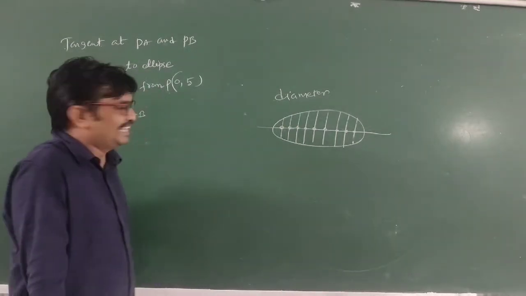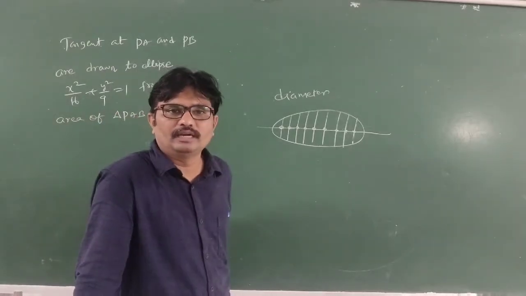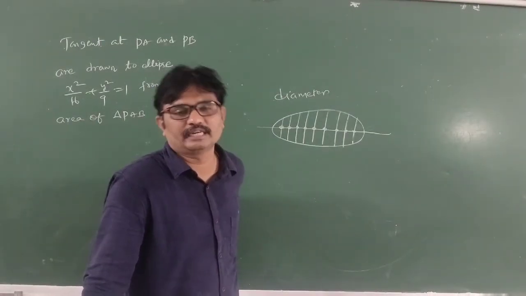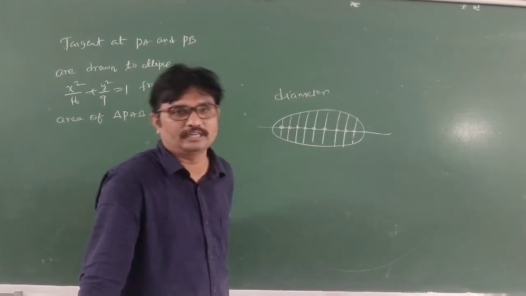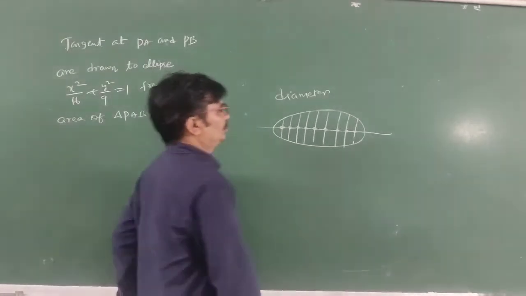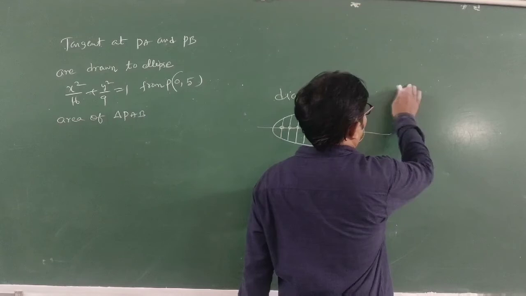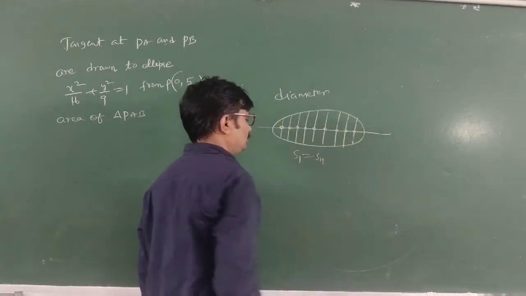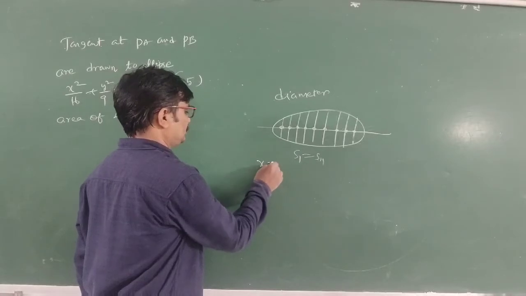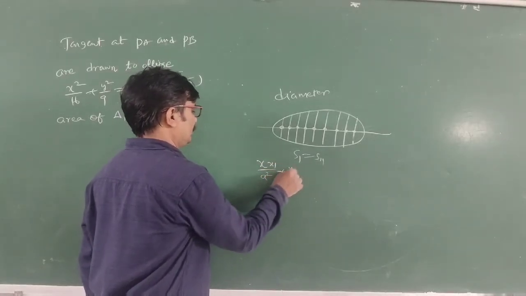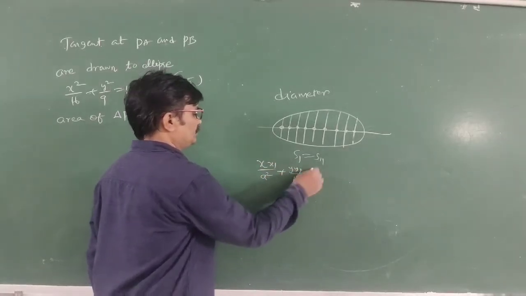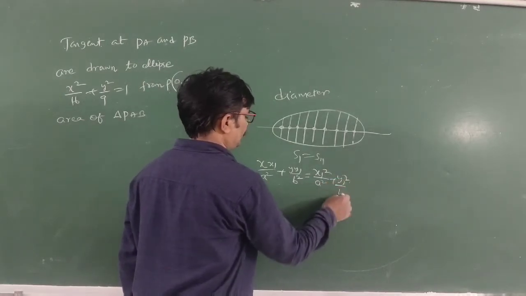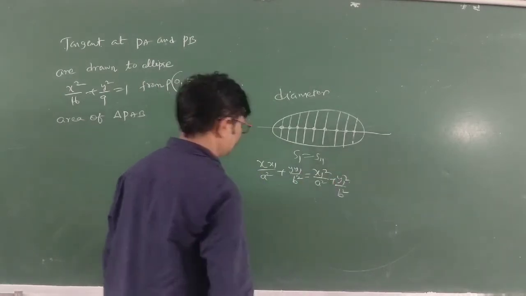So here is the equation of the diameter bisecting the chords having slope m. We take the midpoint and use S1 equal to S11. That is x1 by a square, y1 by b square equal to x1 square by a square plus y1 square by b square, minus 1 cancels.